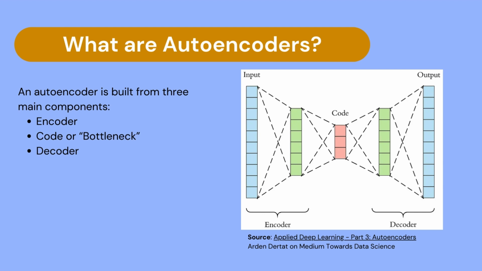The decoder is also made up of hidden layers that get progressively larger in terms of the number of nodes until we reach the output node. And this is because we're trying to decode the encoded representation of the data back to its original form.